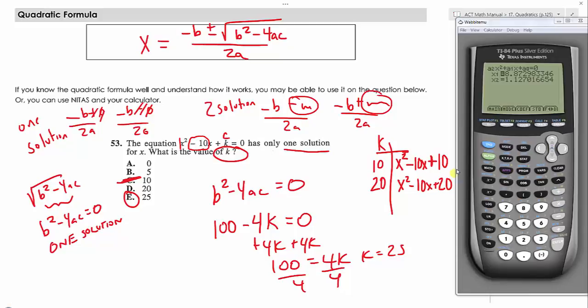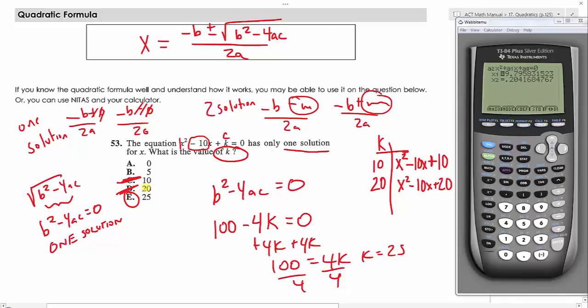Now, cool thing about this program, I can go back to this coefficient tab, which is my zoom button, hit the zoom button, I'm back into my coefficients. The 1 and the negative 10 stay the same. All I have to do is go down here, change this to 20, hit solve, and again, I get two solutions. So I know now that that 20 is not correct. It is not answer choice D.